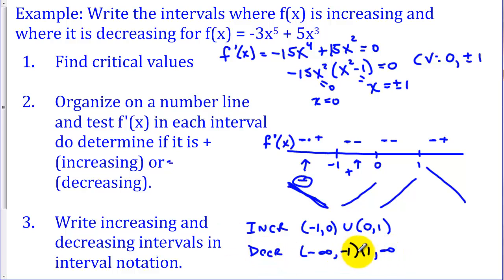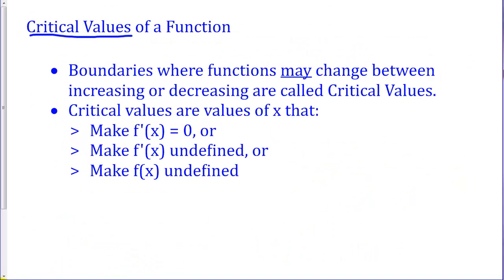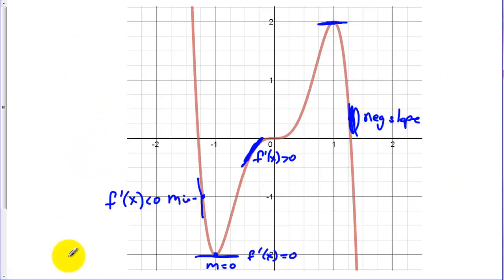So let's go back to our diagram and make sure that matches our picture. So from negative infinity to negative 1, we're decreasing. Then from negative 1 to 0, we're increasing. 0 to 1, we're increasing. And 1 to infinity, we're decreasing. So that matches our graph.